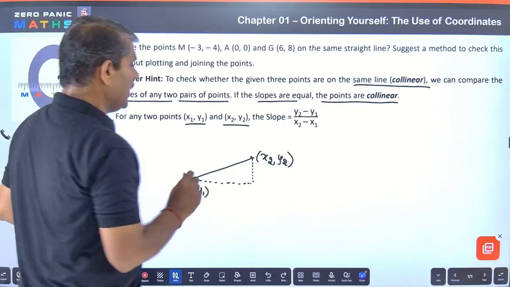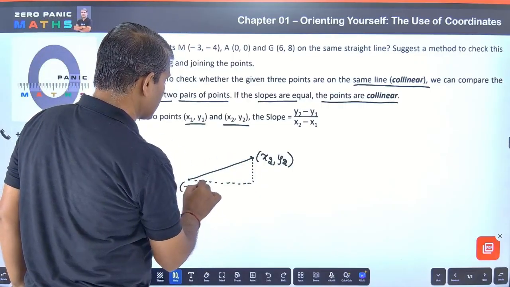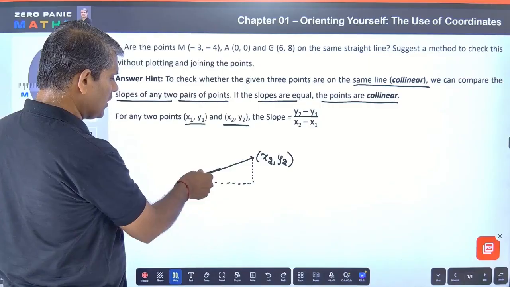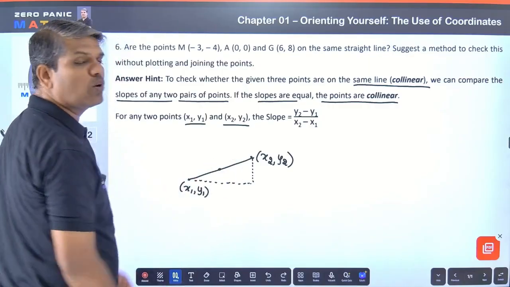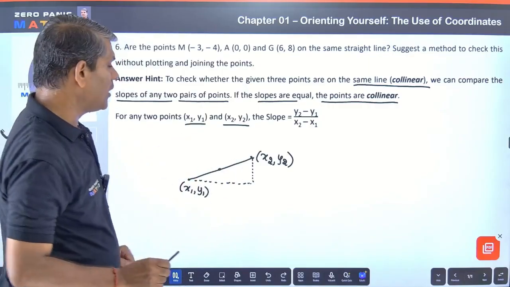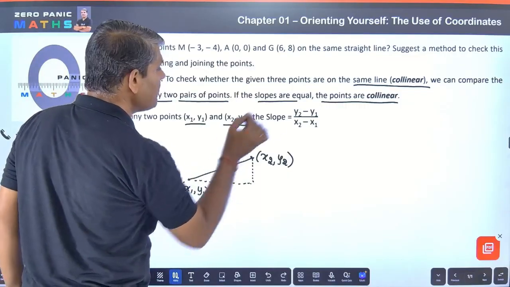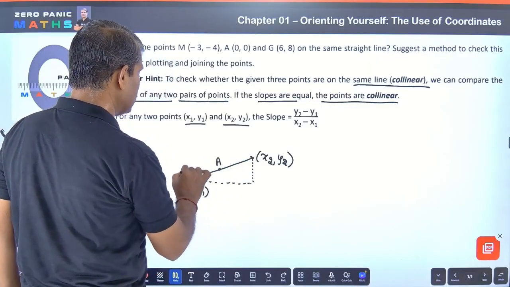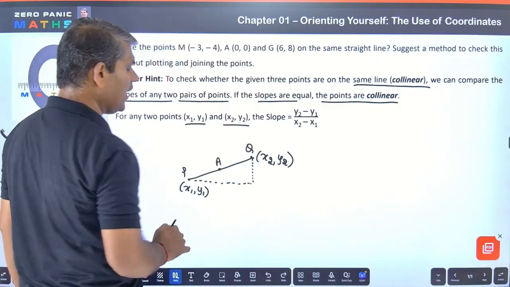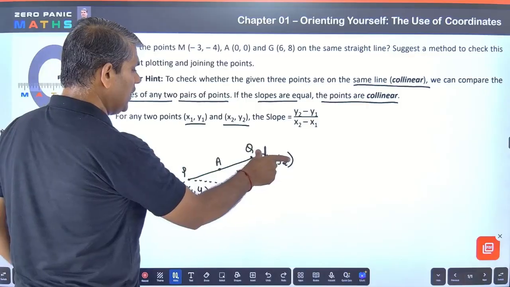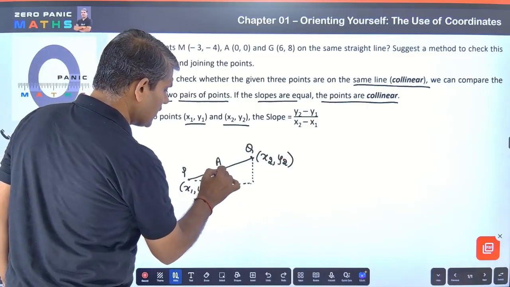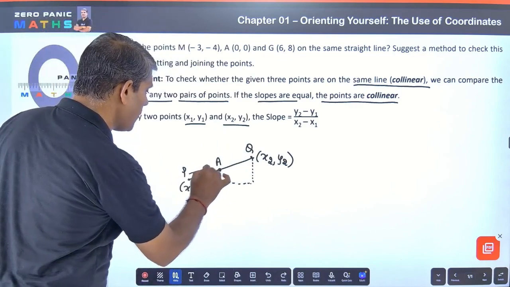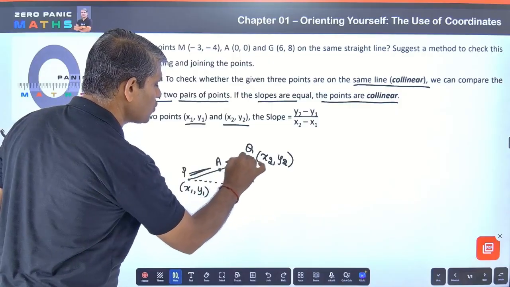So if there are points given (x1, y1) and (x2, y2), and if there is another point here, then the slope of this will be equal to the slope of this only. That is the mathematical proof. Suppose this is line A, and these are points P and Q. Given the 2 points P and Q, to identify whether another point is on that line or not, we need to find the slope between these 2 points and the slope of the other pair.